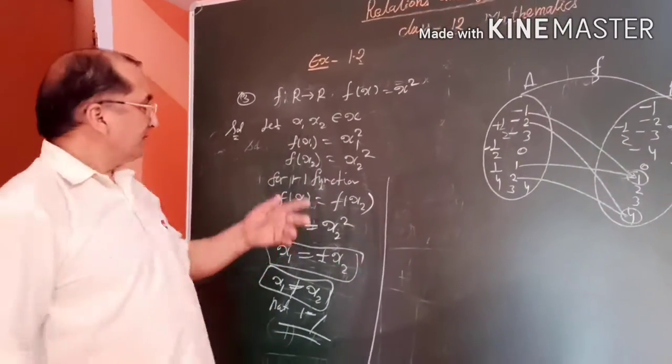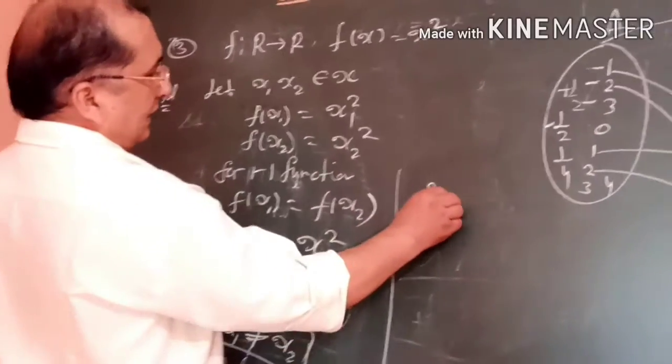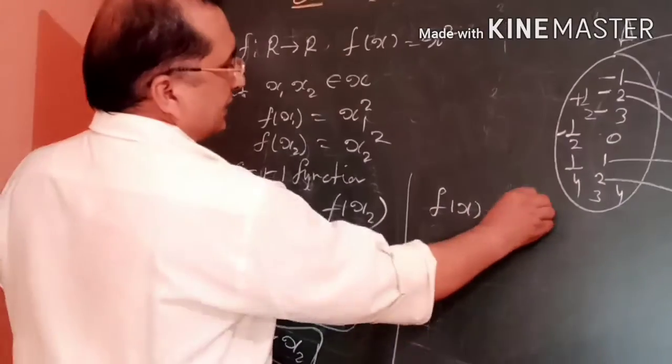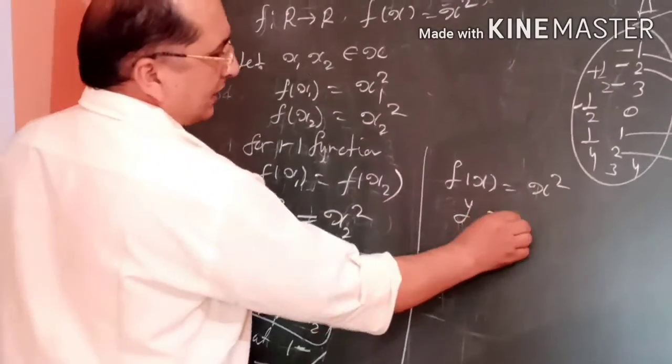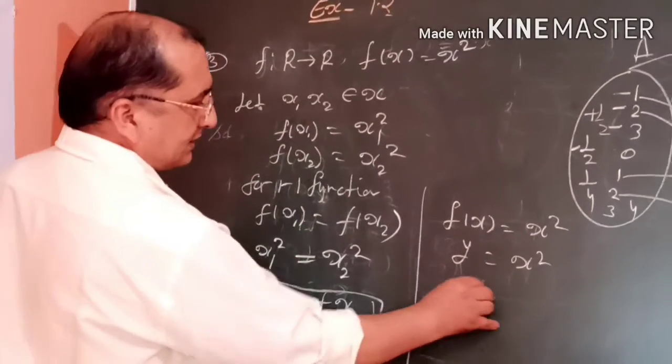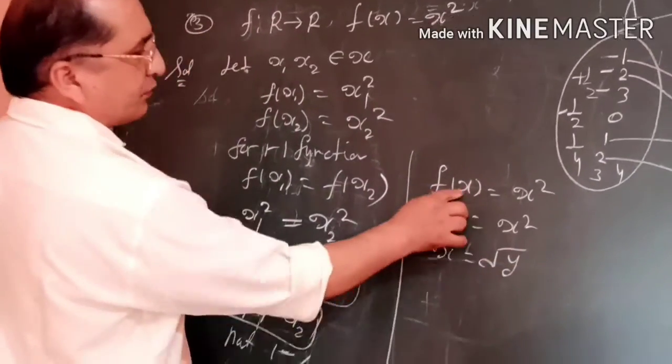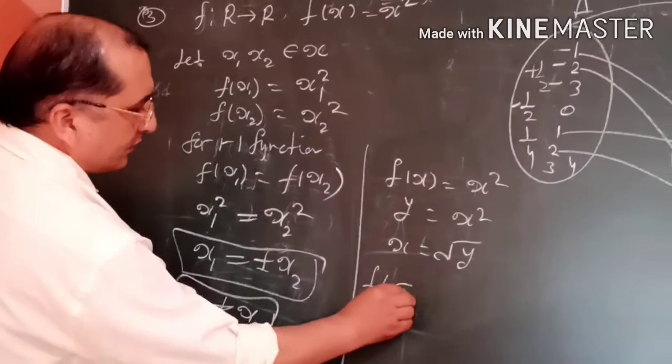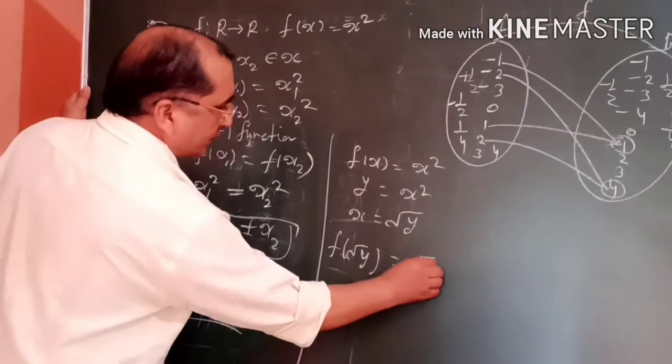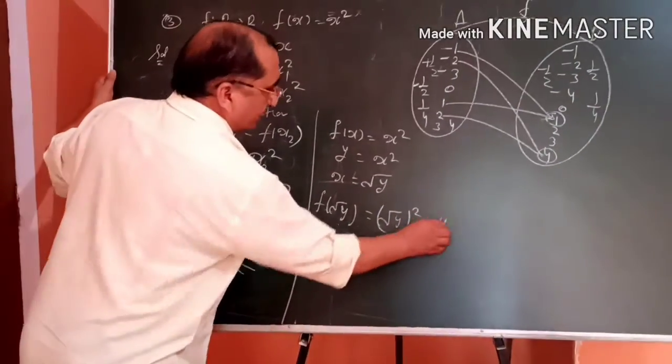And in the same manner, f of x equal to x square. This is denoted by y equal to x square, hence x equal to root of y. We can put this value here: f of root y equals root y square, equal to y.